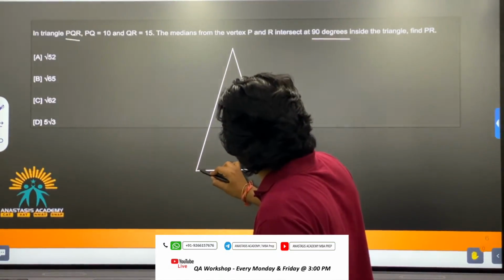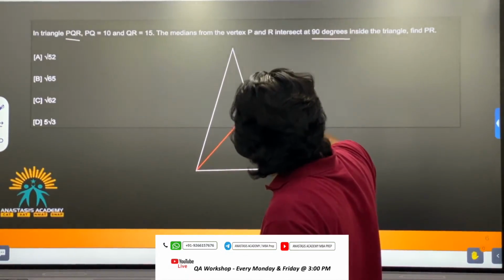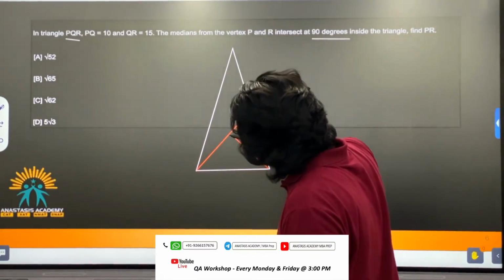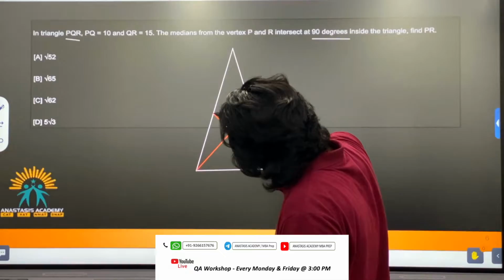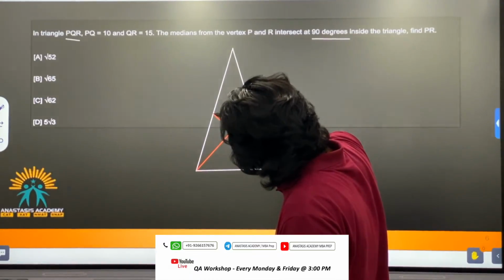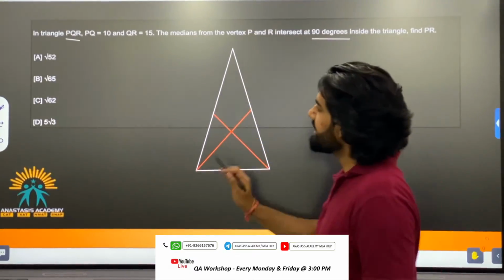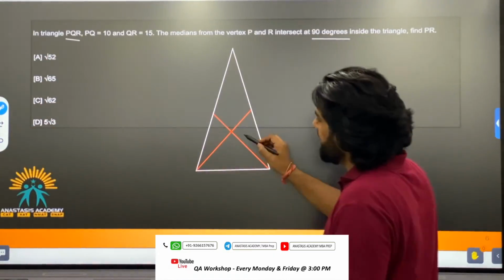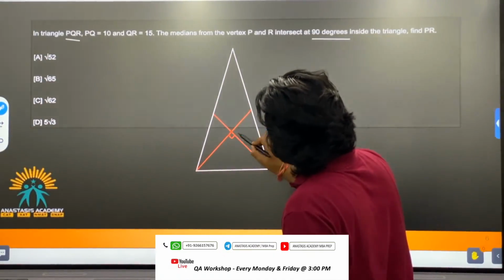So it is the median from one vertex and it is the second median from this vertex. This angle is given as 90 degrees, they intersect at 90 degrees.